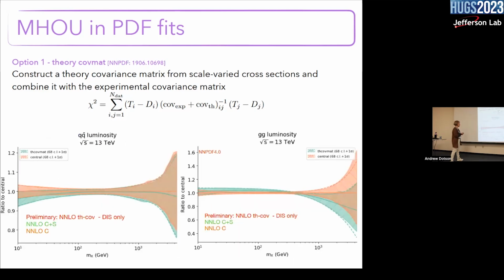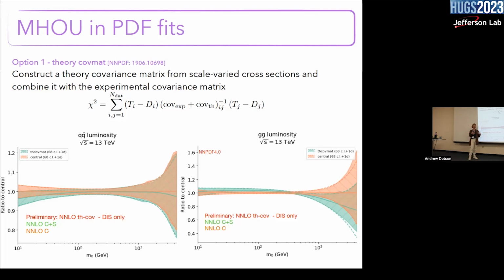So at next to leading order, it's interesting. Actually, I already gave you these, these are the preliminary results at next to next to leading order, sorry. What happens here is that the normal PDF fit, when you include the theory covariance matrix, gets shifted a bit, especially in the small invariant mass region, which is the small x region, and the uncertainty becomes larger.